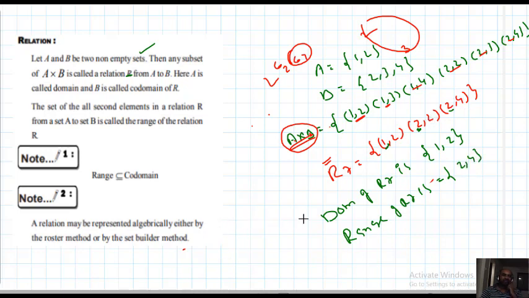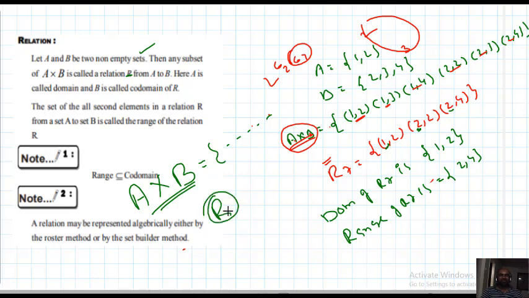Understood? Listen all of you. A is one set, B is another set, two non-empty sets. A cross B you can find. Every subset of A cross B is a relation from A to B. For example, one of the relations is R. The set of first components of all ordered pairs of this relation is called the domain. The set of second components of all ordered pairs is called its range.